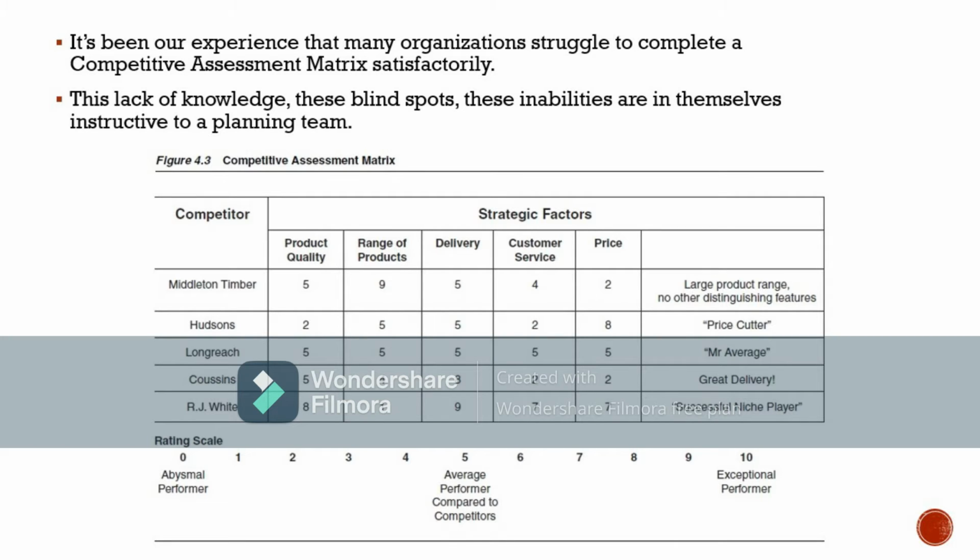Step 2 for your planning team is to fill in the cells in the matrix for each competitor and for your own company, organization, or business unit. You have to use an 11-point scale. To be able to do this effectively, your planning team obviously has to have a good grasp of how your organization or business unit and its competitors are performing on strategic factors.